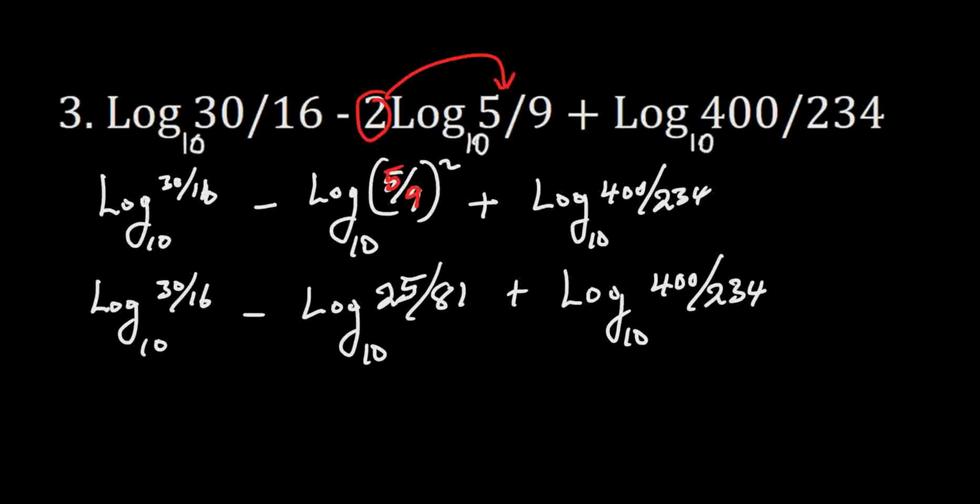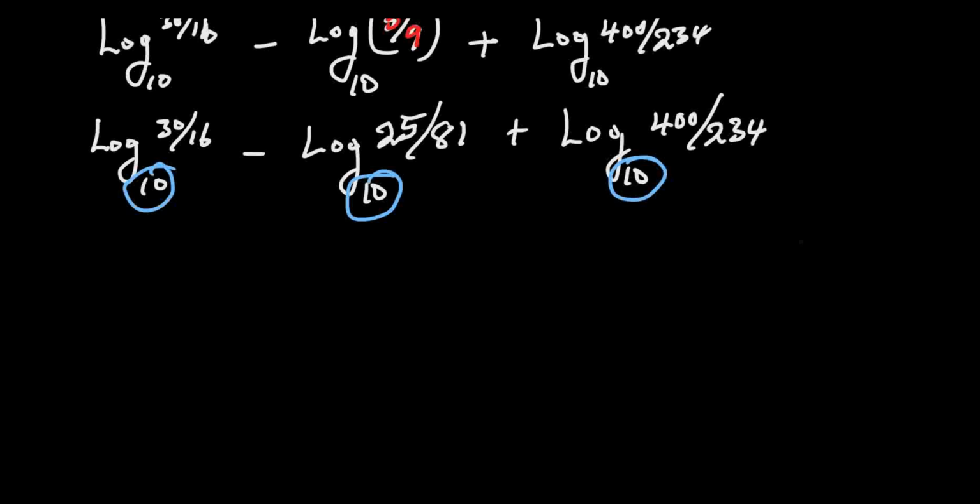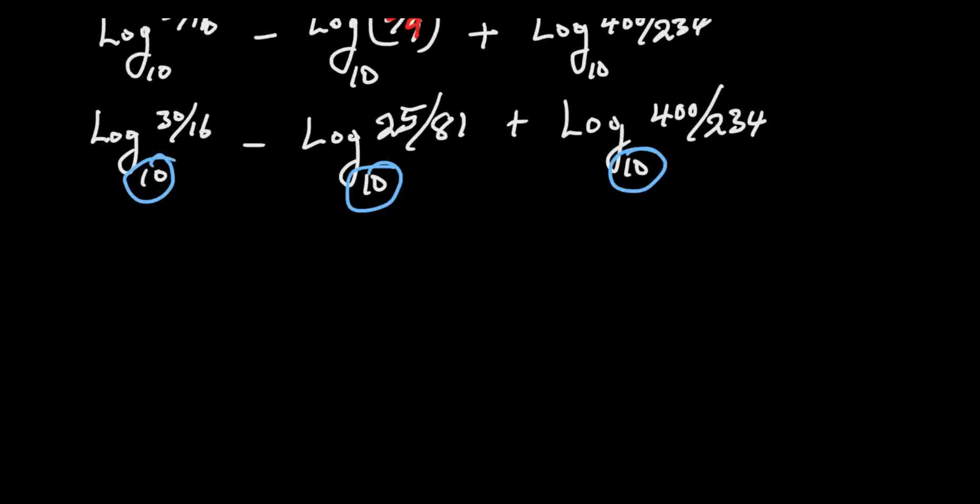All right, so now you must at this point recognize that the base is the same. So if the base is the same, then we can simply write this as a single logarithm expression. So we just have log 30 over 16. And because of this negative sign that we have here, we have to divide by this value.